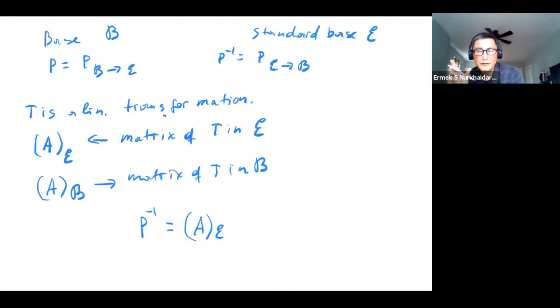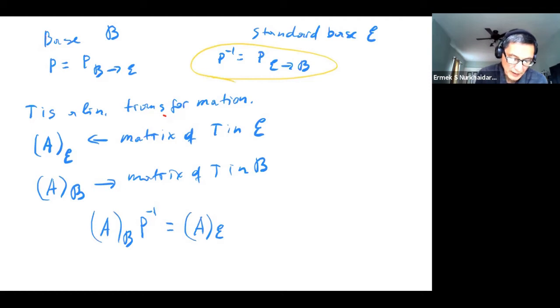Right now, if we start with X, we assume it is given to us in the standard base E. So we are interpreting it in the language of base B. So we go from E to B, which in our case is called P inverse. Then we do the transformation in that new language B, and then we go back to our normal language, the standard base.